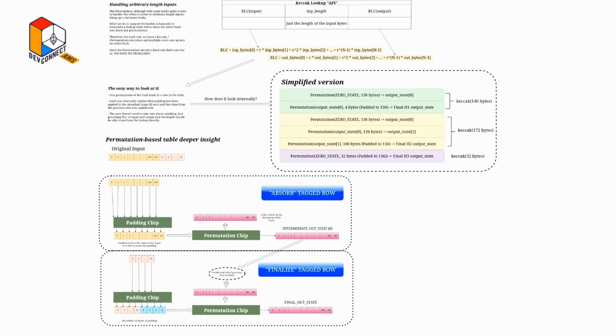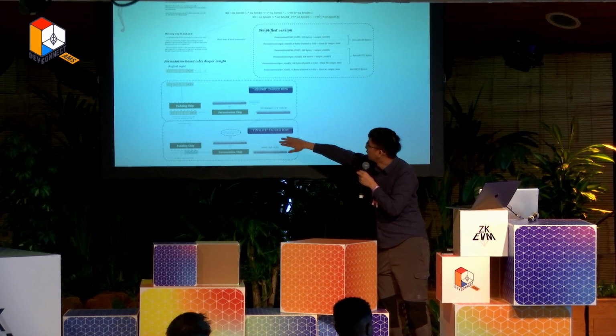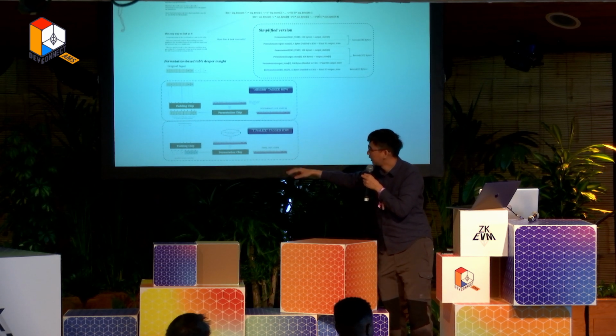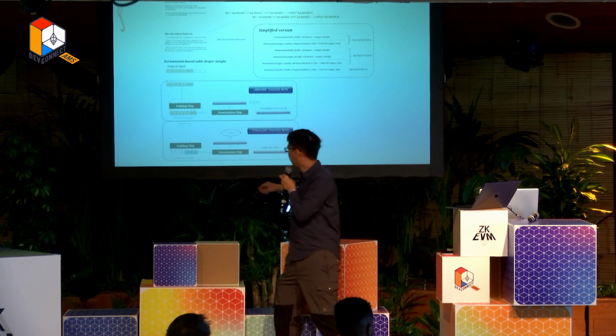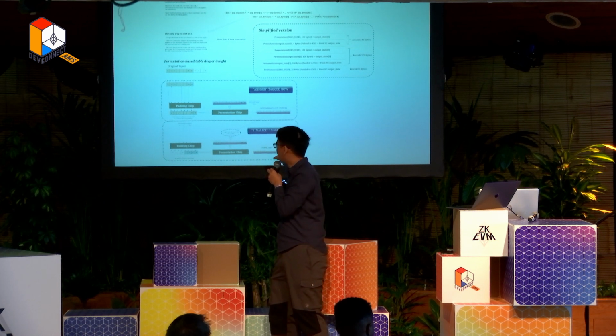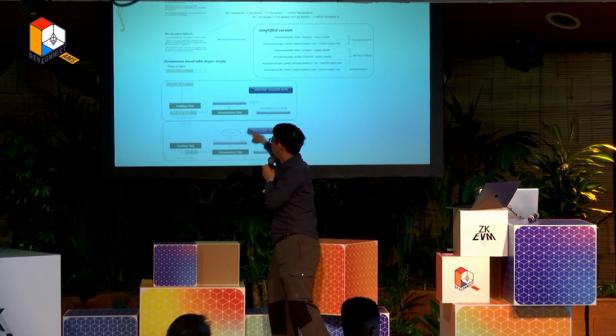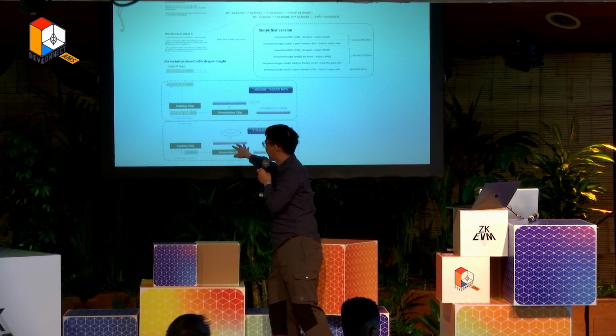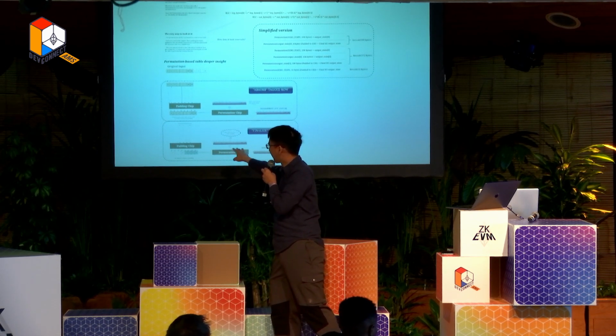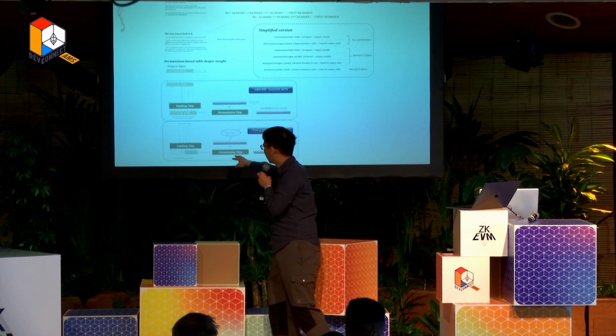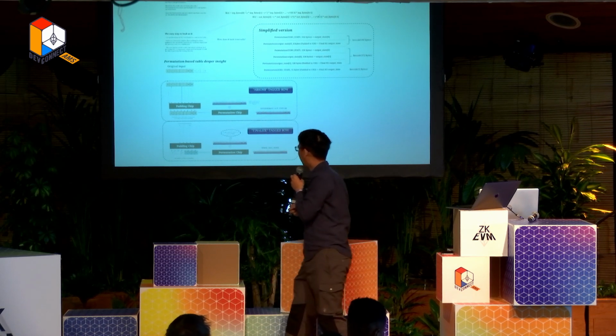And then for the next round of Keccak-f, suppose this is the finalize state, and we need to add padding. And then we also take the previous intermediate state and combine it with the new input to the permutation and get a final output state.